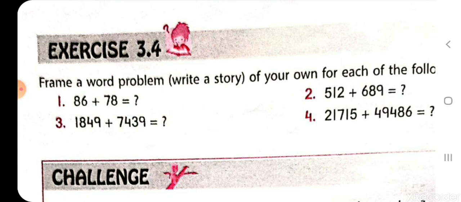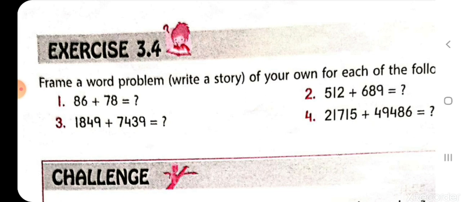So you have to frame a word problem for each sum, like we do in word problems. Let's take the first one, 86 and 78. Don't stick to a typical or difficult word problem. Make it as simple as you can.